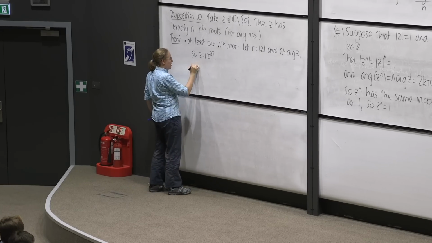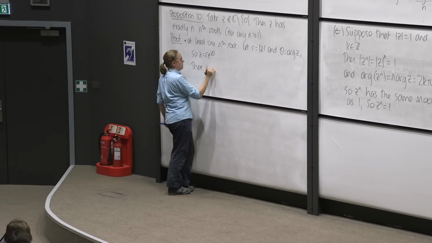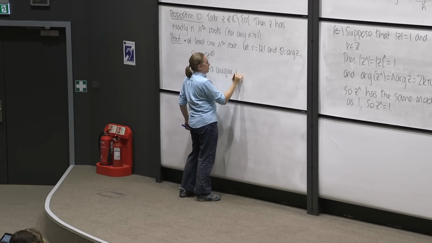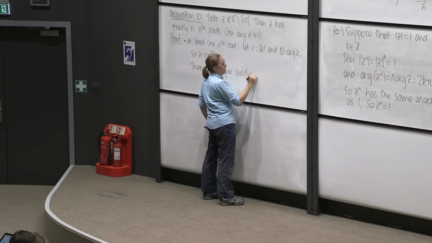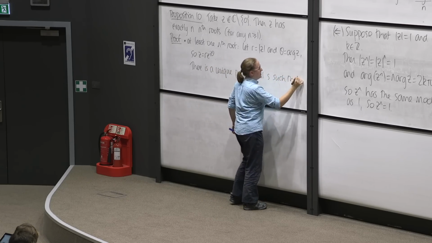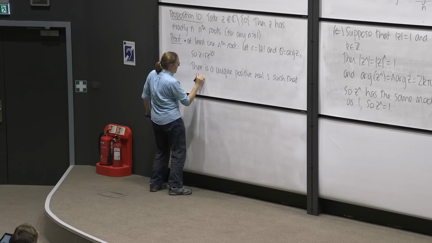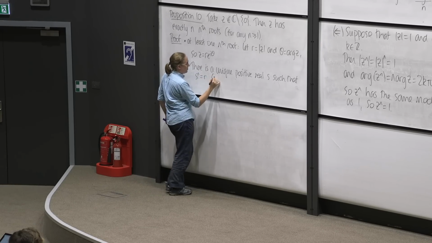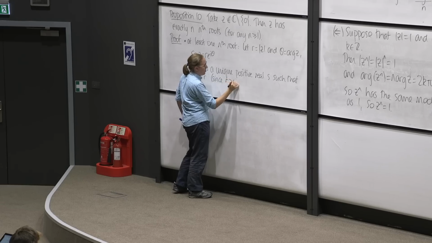So there is, in fact, a unique positive real S such that S to the power n is equal to R. So this is since R is greater than 0.